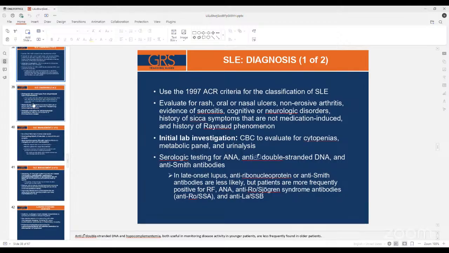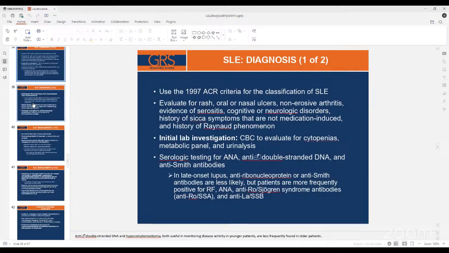The initial lab investigations are CBC to evaluate for cytopenias, metabolic panel, urinalysis, and serologic testing for ANA and anti-double-stranded DNA antibodies. As mentioned earlier, for the typical woman of childbearing age with rash, fever, and joint pain, you should directly evaluate for SLE.